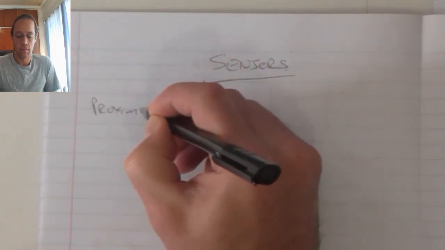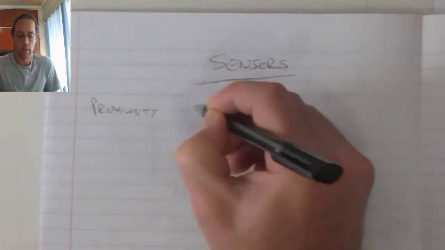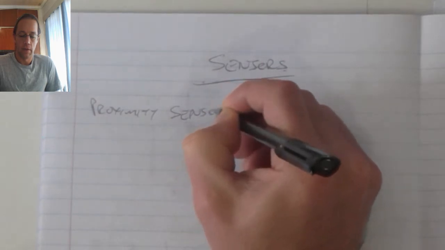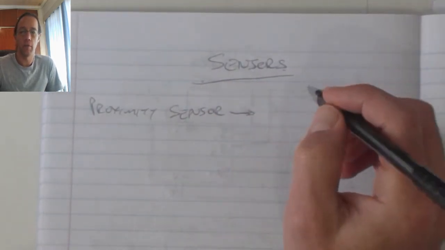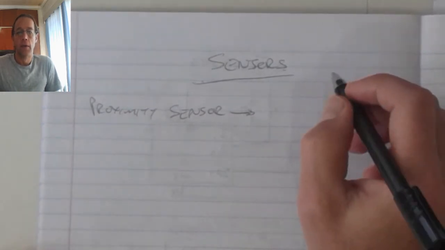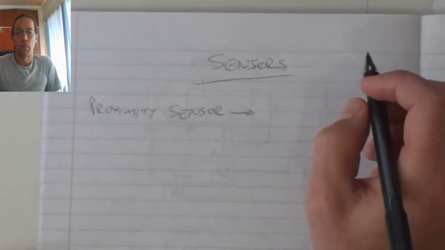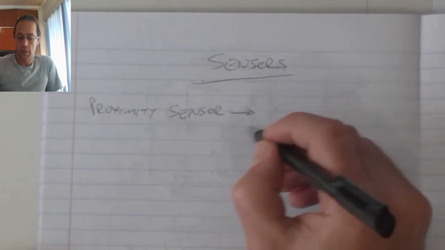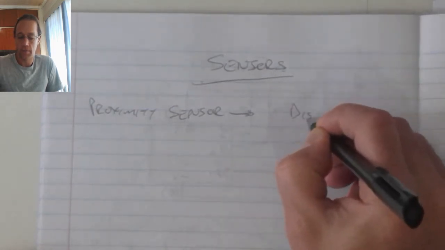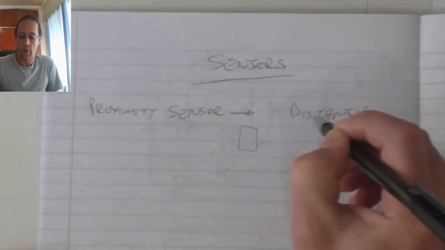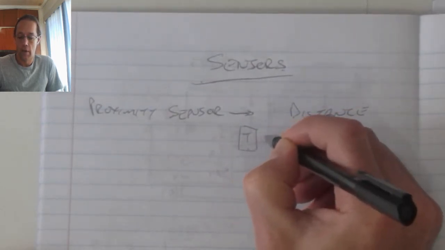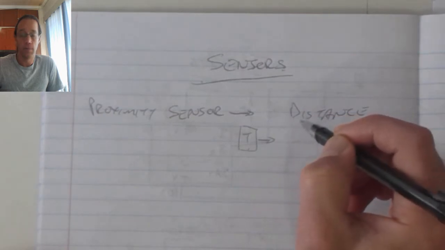proximity sensor. This is a sensor that measures the distance from one object to another. It basically operates whereby it has a transmitter that sends out a signal.